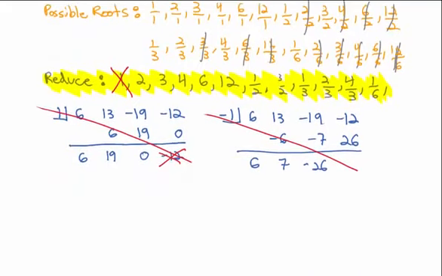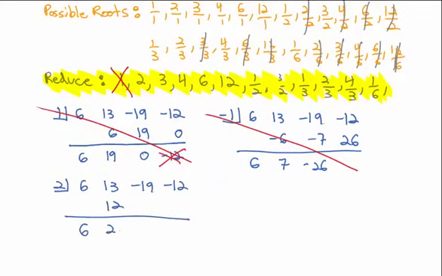Going to take up a lot of space, but we've got our list of roots here. Let's try 2. Coefficients were 6, 13, negative 19, negative 12. 6 times 2 is 12, plus 13 is 25, times 2 is 50, minus 19 is 31, times 2 is 62. That's definitely not going to give us 0 at the end.